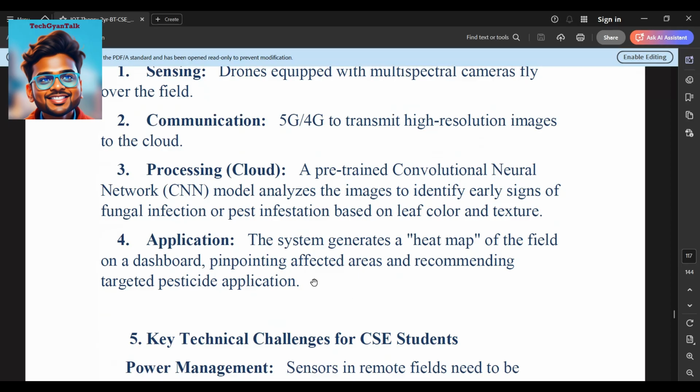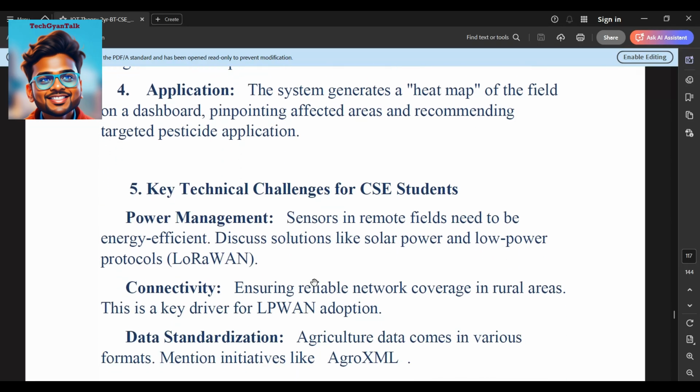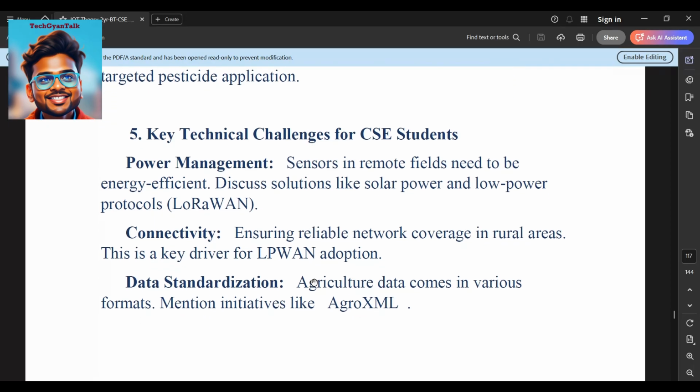application. And key technical challenges for CSE students: power management, sensors in remote fields need to be energy efficient; discussion of solutions like solar power and low power protocols, LoRaWAN. And connectivity: ensuring reliable network coverage in rural areas. This is a key trait for LP-WAN adoption.